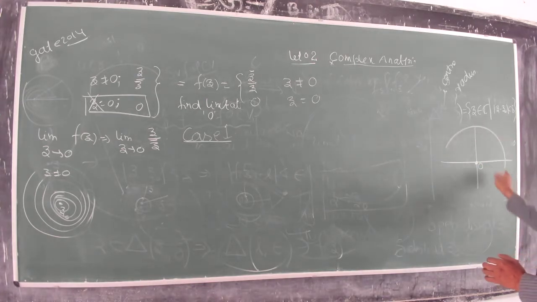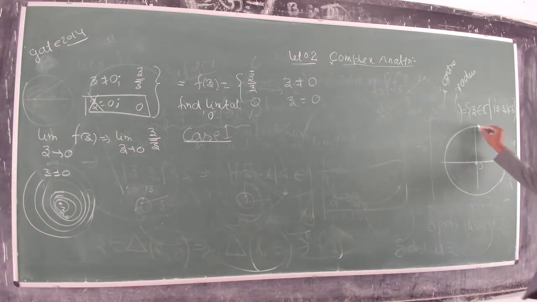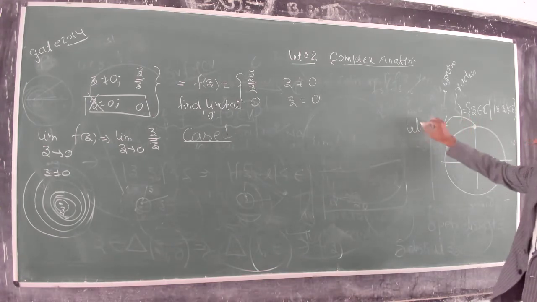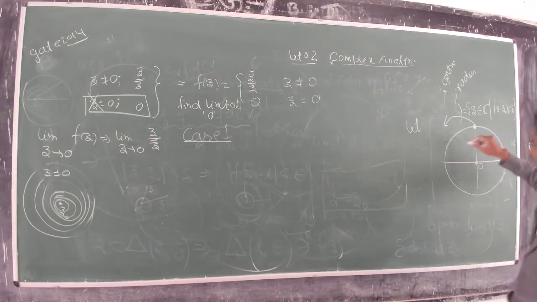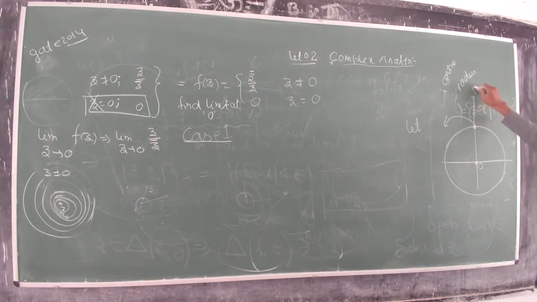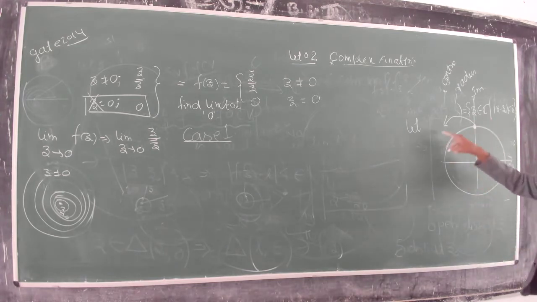So suppose this is a circle. To tend to 0, I have so many paths. Since you are going with the help of a circle, you have the freedom to choose any point. But for our convenience, suppose I am taking our g here. This is your imaginary axis, and this is your real axis. On the imaginary axis, your real part will be 0.